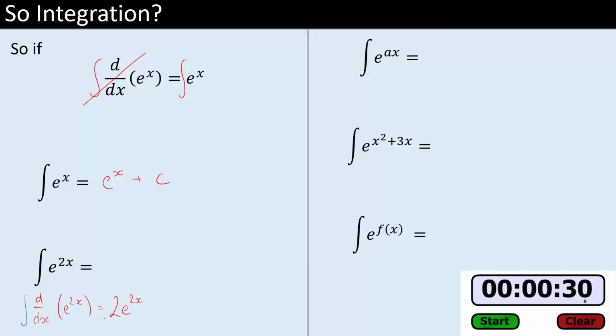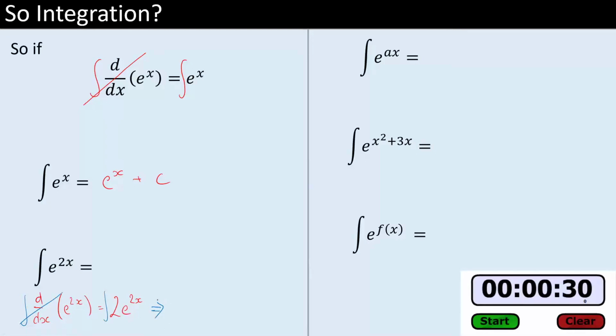Now, if I integrate both sides of this, the integral and the derivative would cancel out. So the integral of 2e to the 2x would be equal to e to the 2x, but that's not quite what I want. It's close, but it's not quite there.